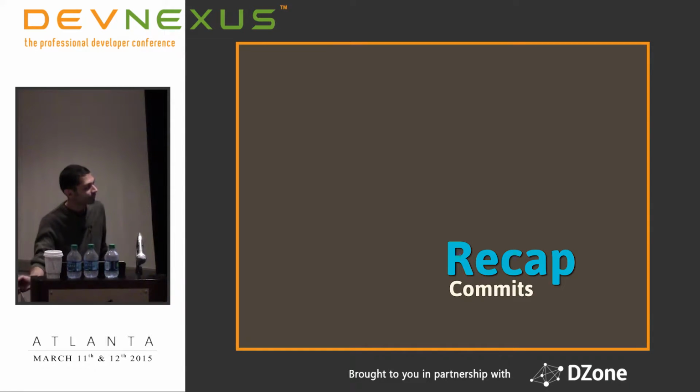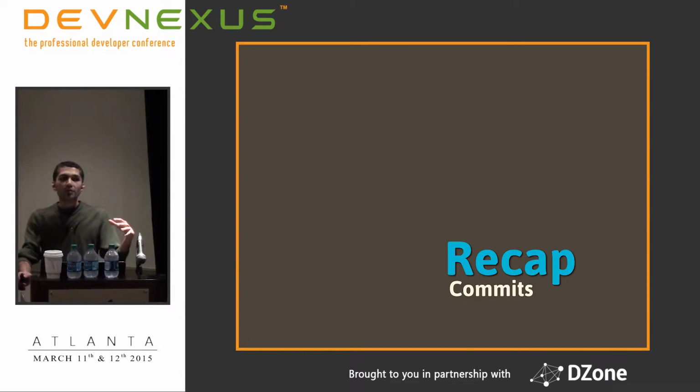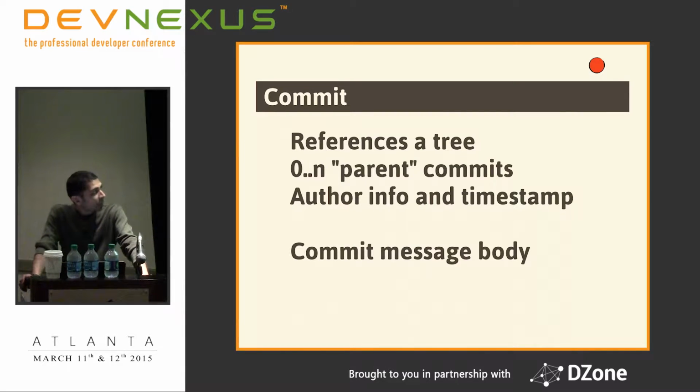Let's get started. Just a recap. If you've done any kind of Git work up until now, commits are your level of abstraction. The level of abstraction you work with, the most atomic level, is the commit. A commit actually is far more comprehensive than meets the eye.